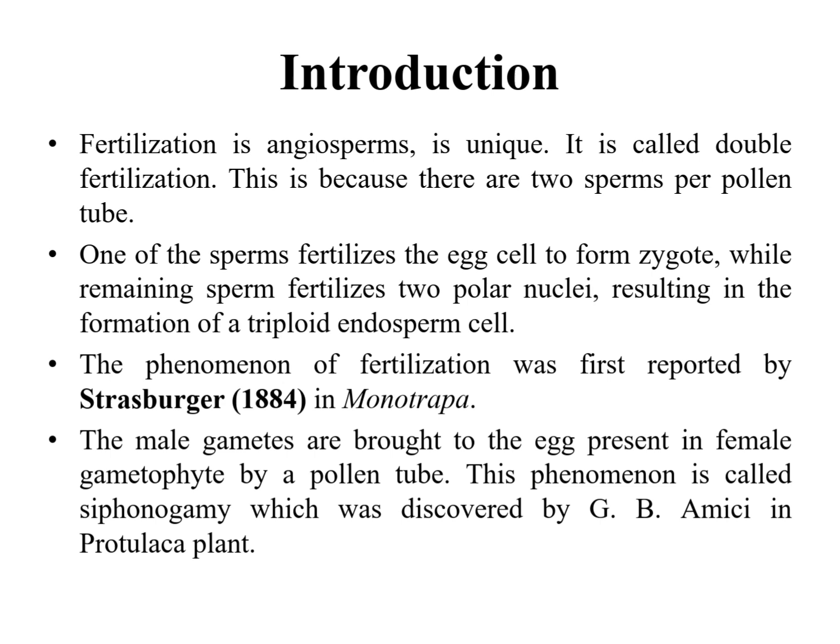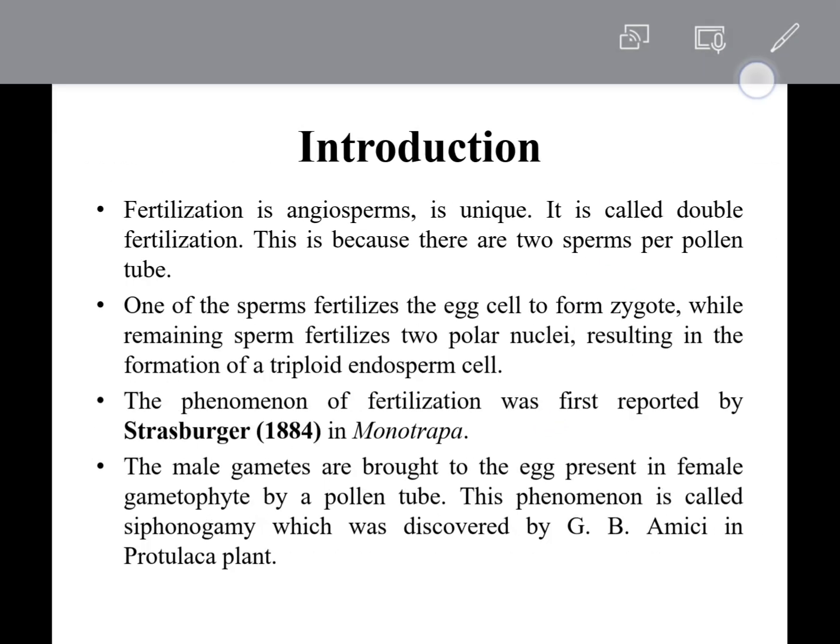As two fertilizations occur together, it is called double fertilization. One of the sperm fertilizes the egg cell to form the zygote, while the other fertilizes the two polar nuclei, resulting in the formation of the endosperm cell.